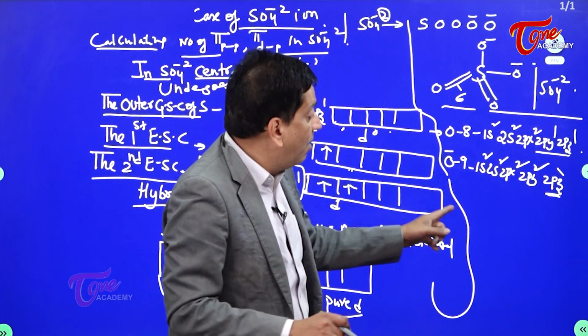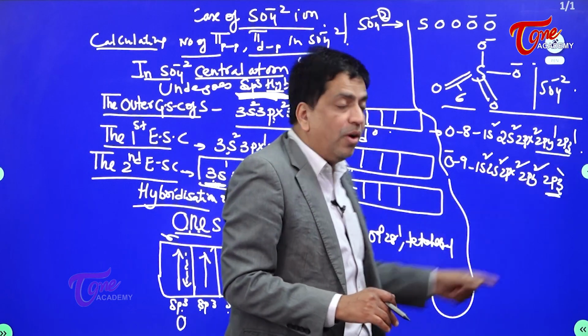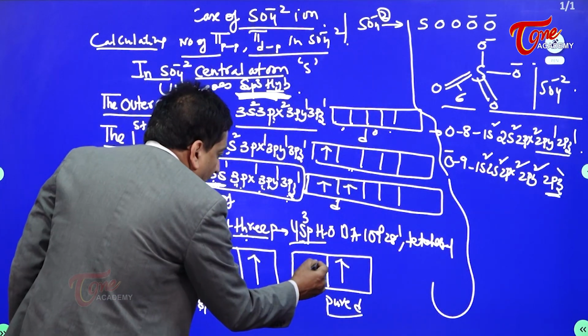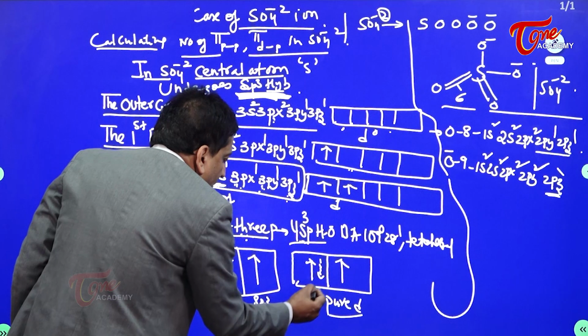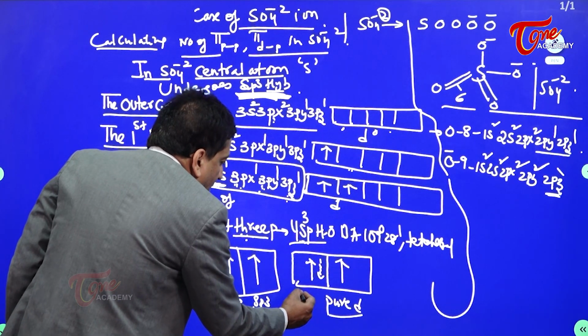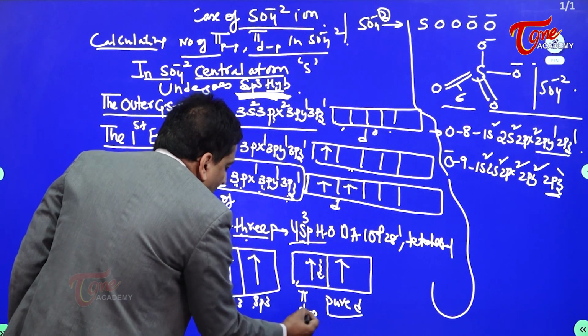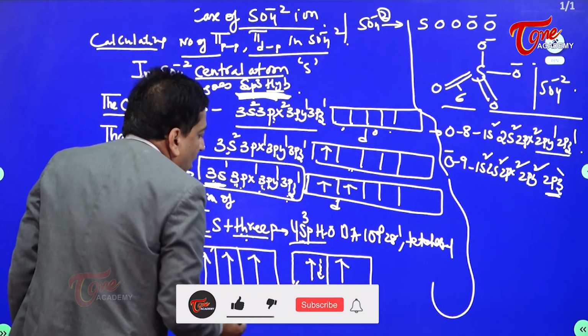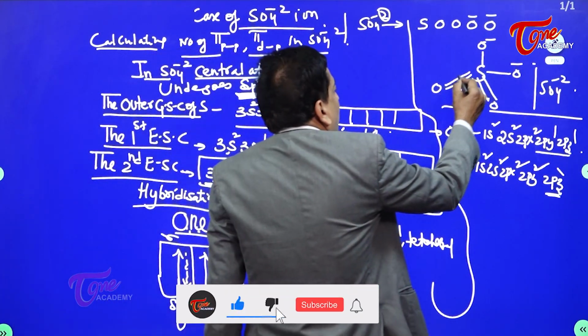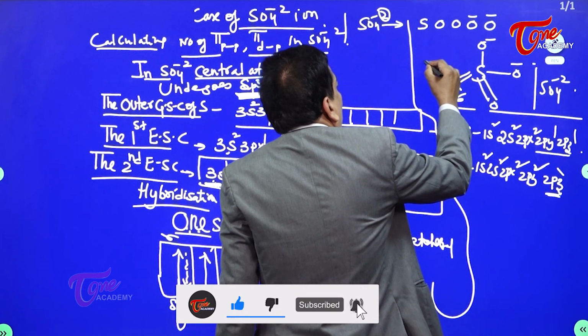But it came in full, so you have the other unpaired electron. The other unpaired electron forms a pi dp bond, because the p is of this oxygen and the d is pure. So this is a pi bond.